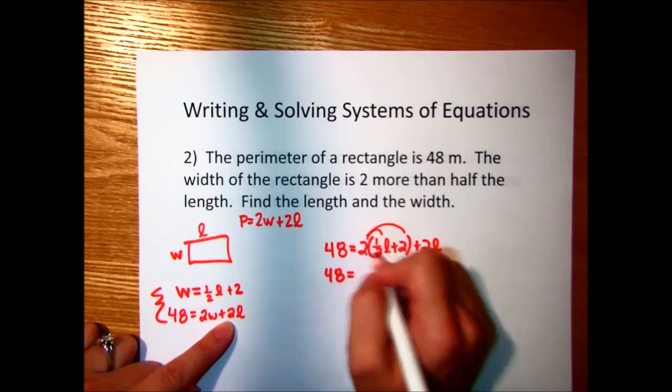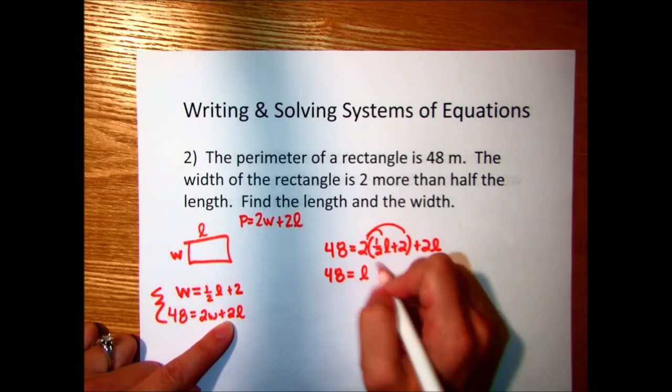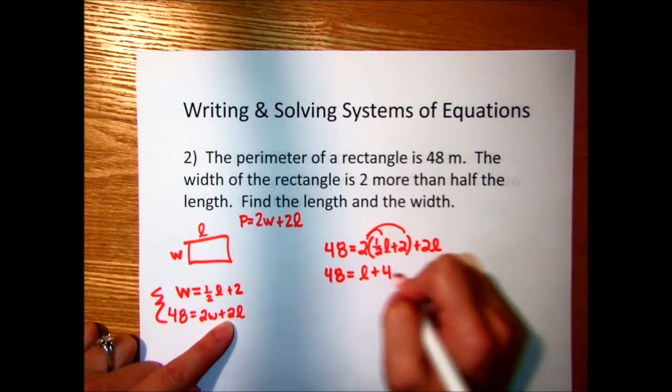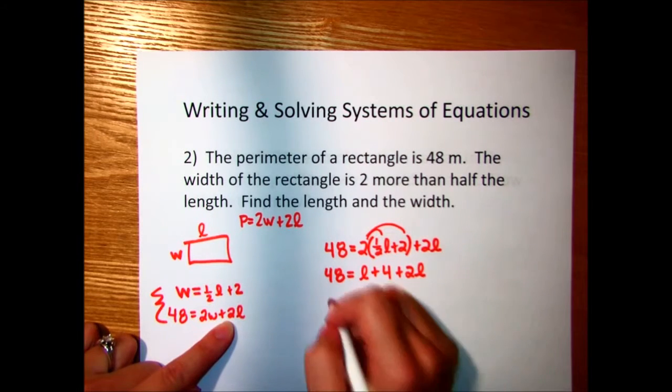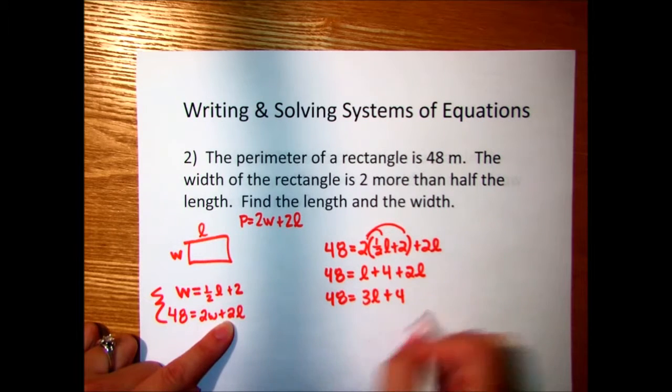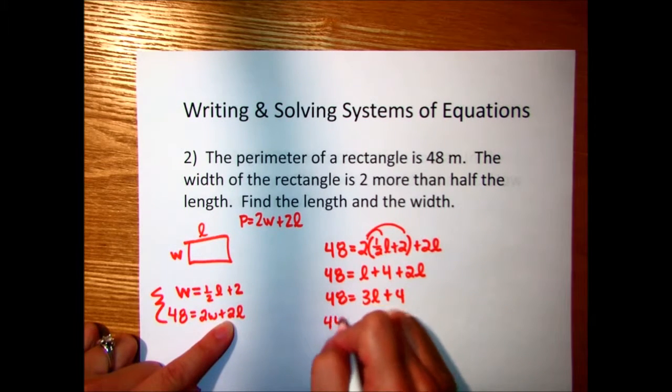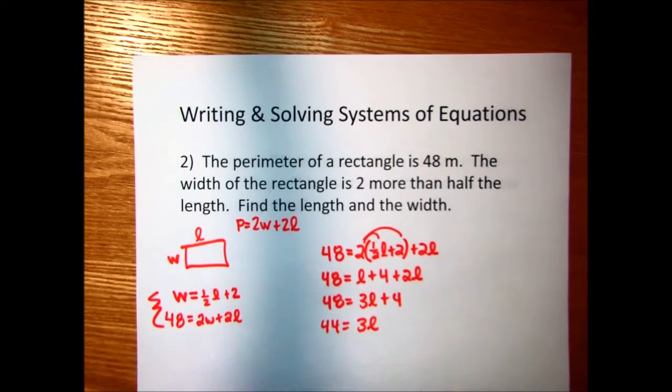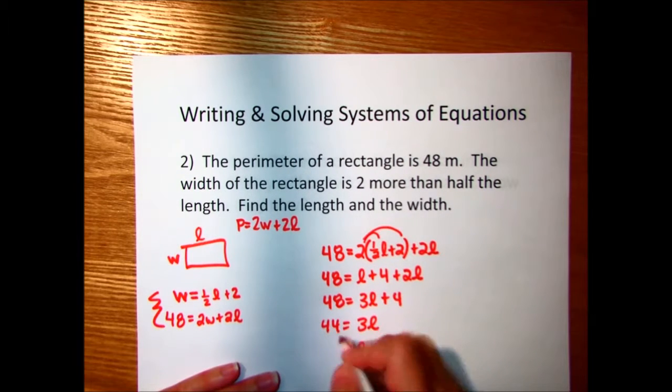This will cancel out here in the fraction, so I'm left with L. And then I have 2 times 2, which is 4, plus 2L. So then that would be 48 is equal to 3L plus 4. So we subtract 4 from both sides, and 44 is equal to 3L. This is not going to be a very pretty number. So the length is equal to about 14 2/3.